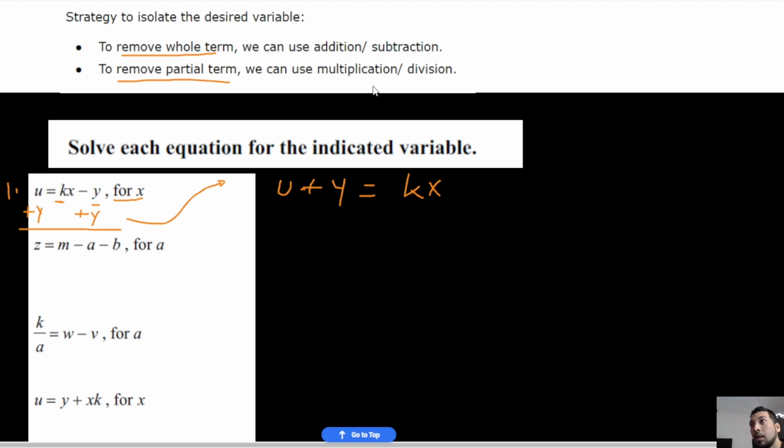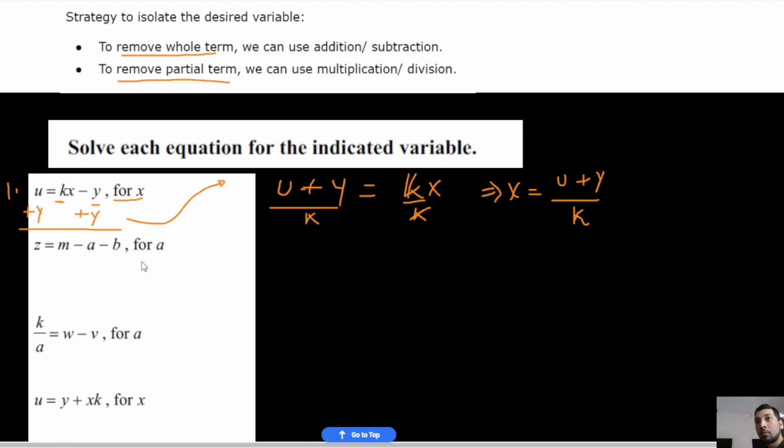So we have to use multiplication or division. Now this is k times x, because kx means k times x. So just divide by k on both sides, and that cancels out this k. So we have x equals u plus y over k.